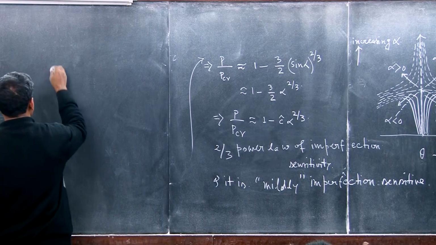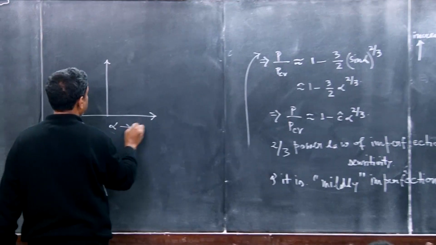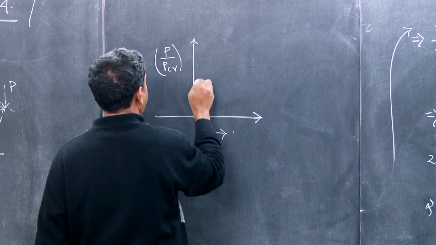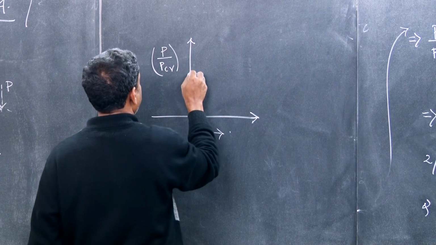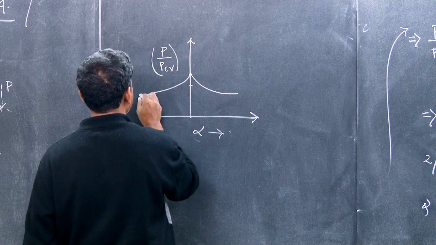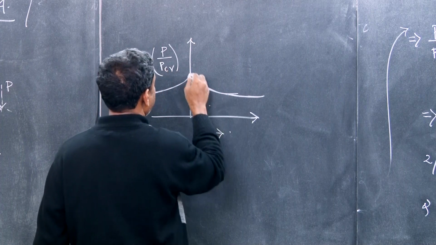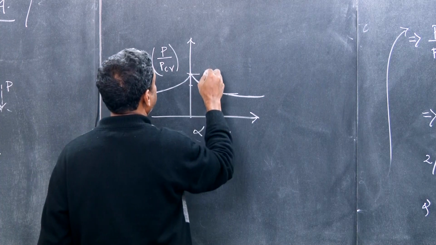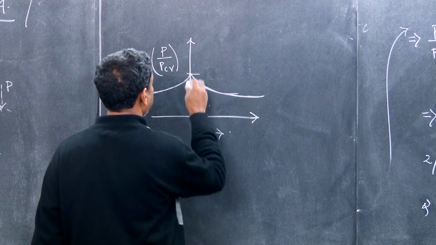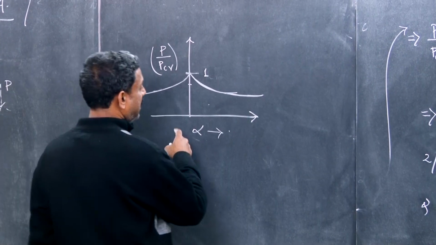So we will also draw the imperfection sensitivity diagram. It will look like this: alpha here and P by P critical here, and this is P critical, I mean this value is 1, maybe we can put it 1, right, and this is decreasing.